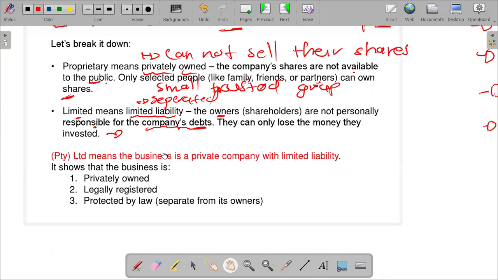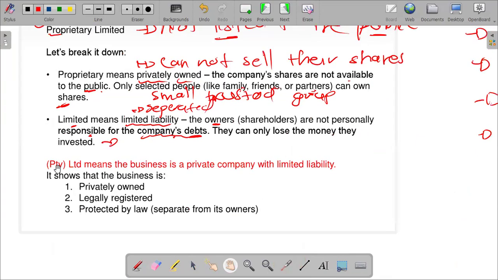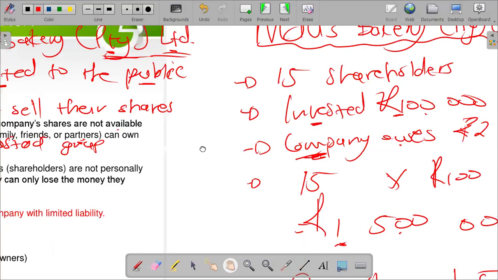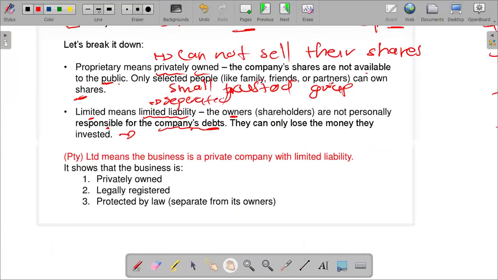All right. And then moving along, proprietary. Remember, PTY stands for proprietary limited. So PTY Ltd means the business is a private company with limited liability. We explained here, separated. They further explain that it shows that the business is privately owned. Proprietary means it's privately owned.